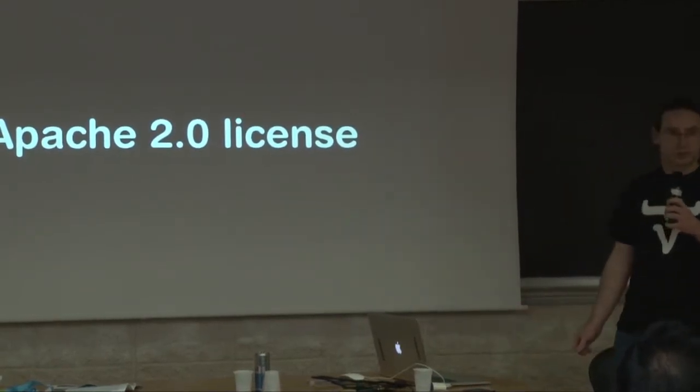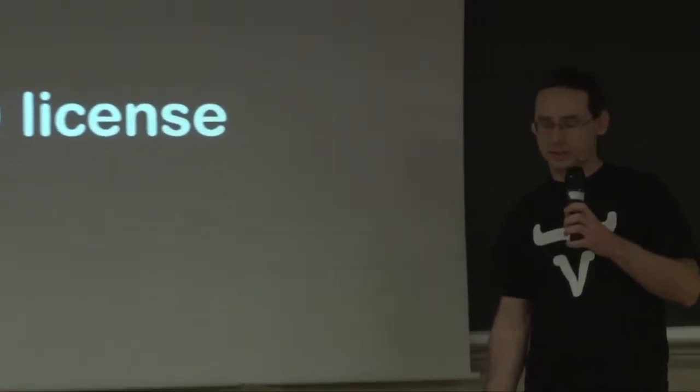Vaadin is distributed with the Apache 2.0 license, so it's completely open source, freeware, anyone can use it for any purpose. If you wonder how we earn money, we provide consulting, custom component development, and trainings and all that kind of stuff.